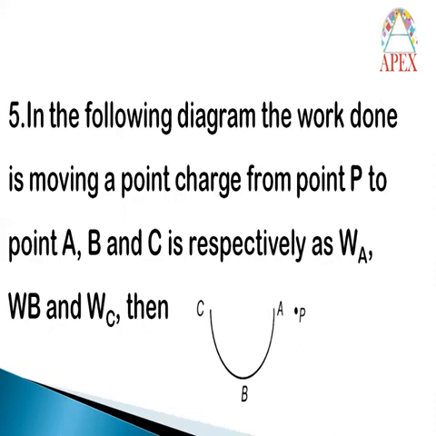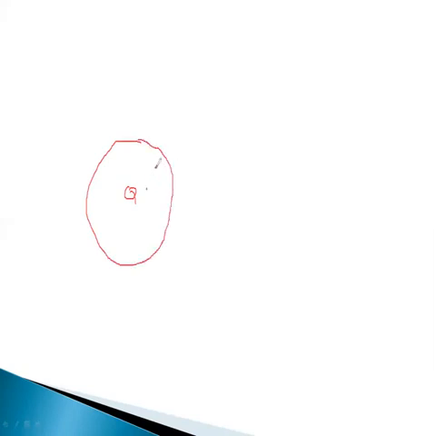For this question, you have to remember when we should do some work. For example, if a charge Q is placed here which produces some electric field, in this electric field, if you want to move some charge from one point to another point, definitely we have to do some work.